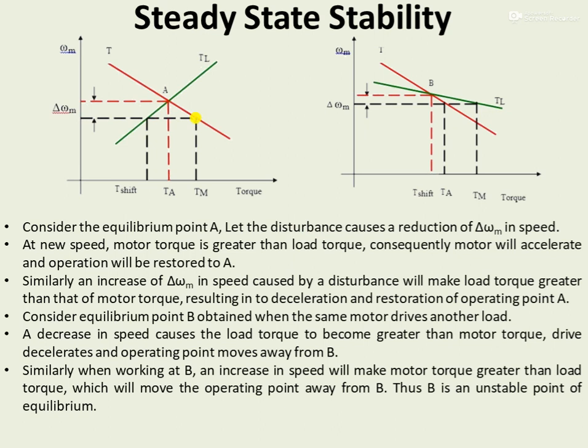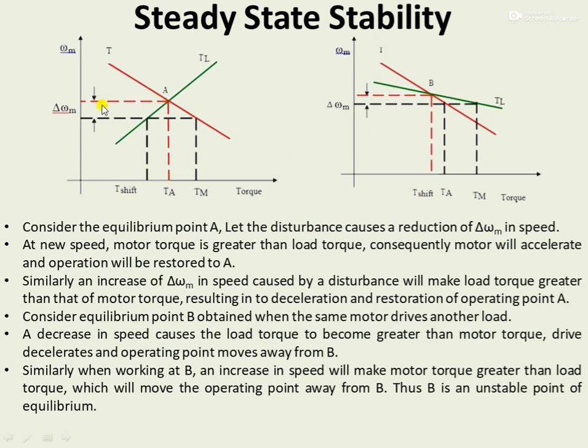Considering the fundamental torque equation T minus TL is equal to J into d omega m by dt, since torque is indicated along the x-axis, the value of Tm is greater than the value of TL. So J into d omega m by dt is positive, which clearly indicates that it is creating an acceleration effect, and the operating point will get shifted back to the equilibrium point A itself.